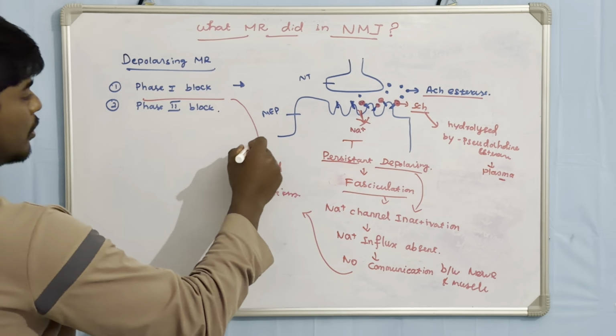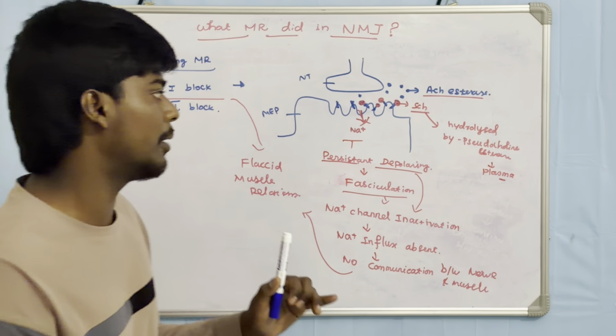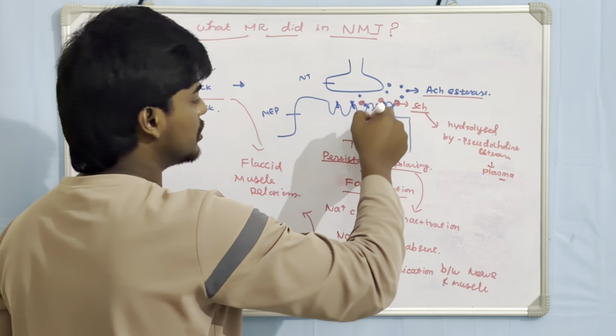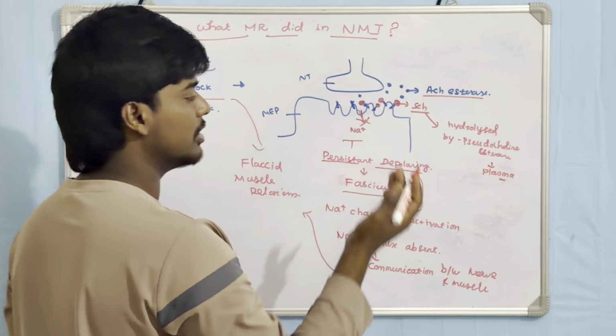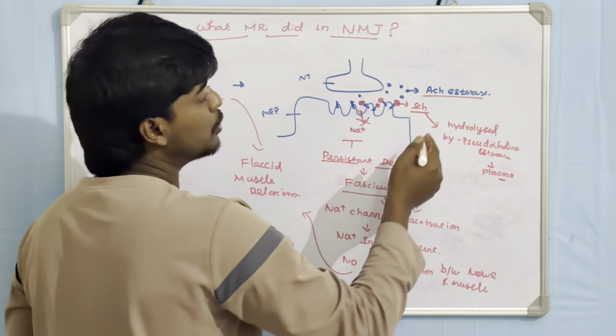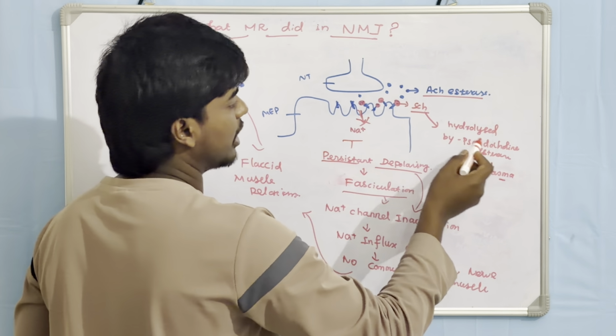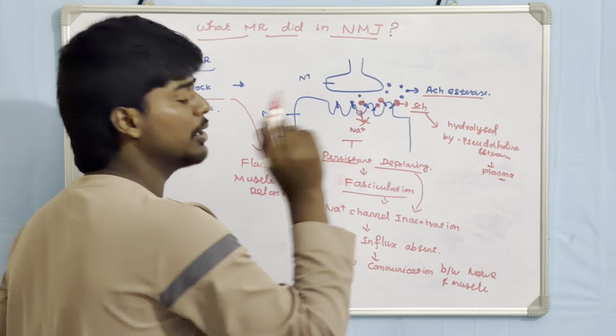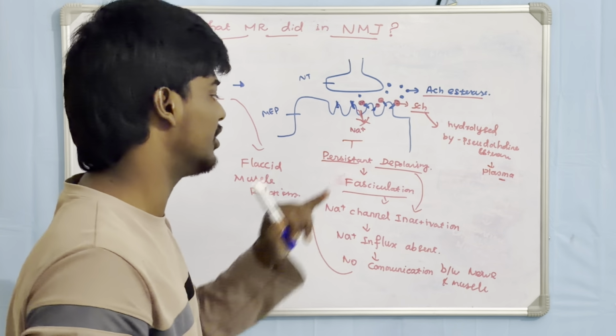That is the phase 1 block. The mechanism of action is this: when we give succinylcholine, it produces depolarization, and sodium comes inside. Due to the absence of hydrolyzing enzymes for succinylcholine in the neuromuscular junction, it produces persistent depolarization, which is the reason for fasciculation.